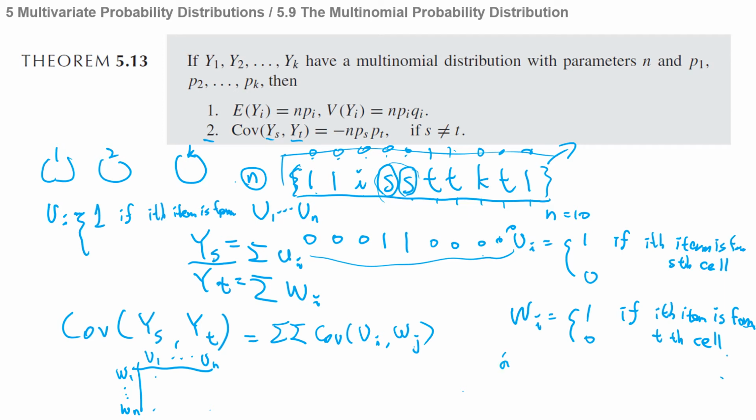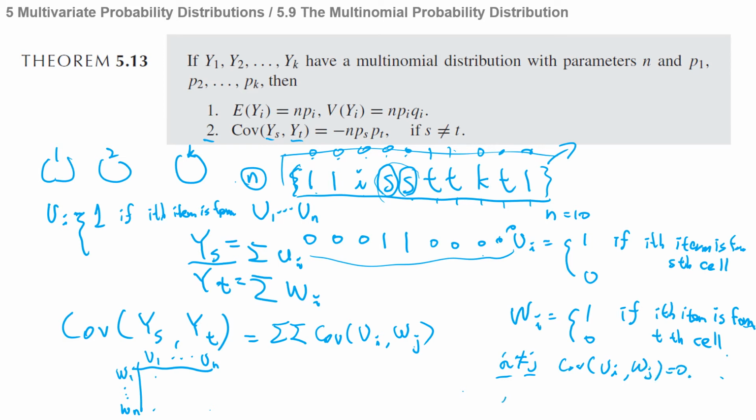If i and j are not equal, Ui and Wj are independent, so the covariance of Ui and Wj is 0.